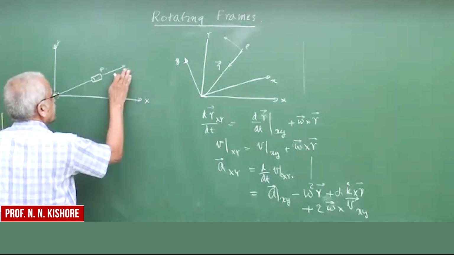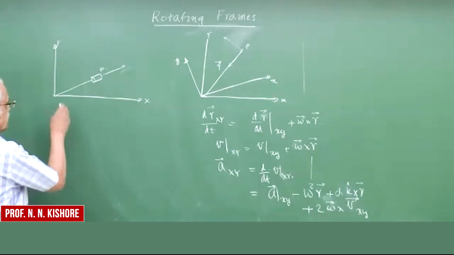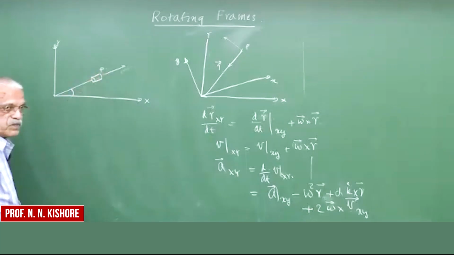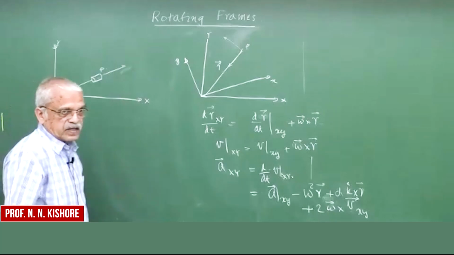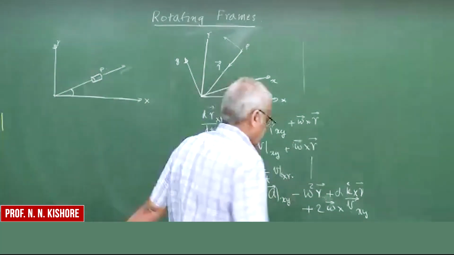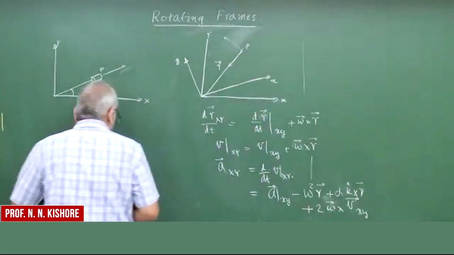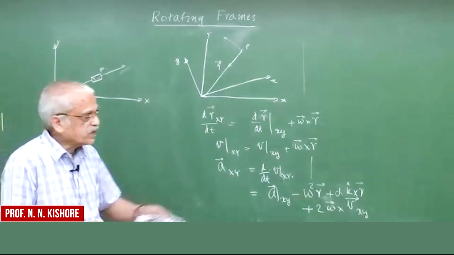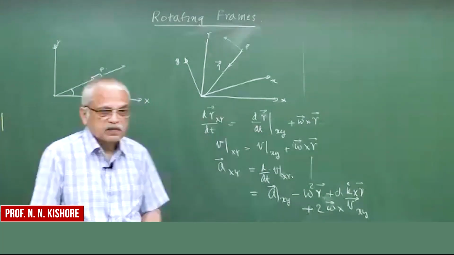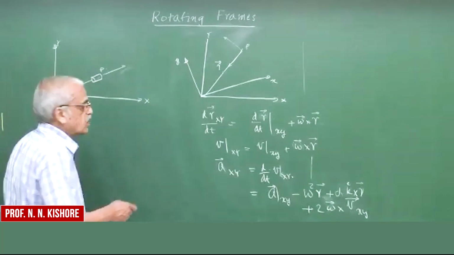Let's assume that there is a rod here, on which we have a bead, which is moving along the rod. This of course can be done very easily using polar coordinates also, but let's try to understand from this, which is complex, but then it will make you understand new concepts.